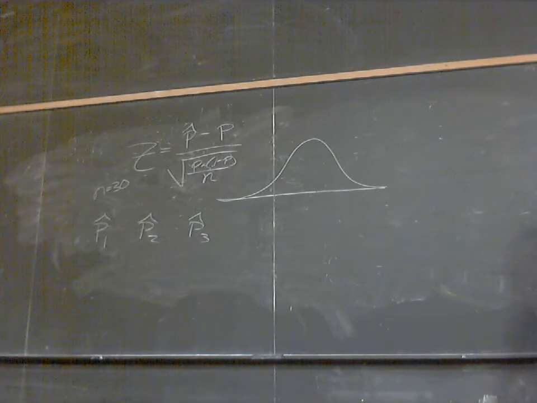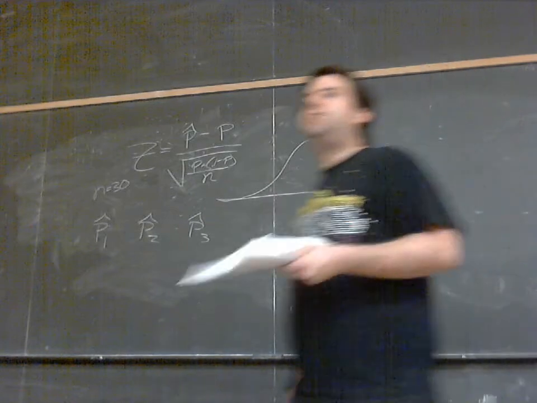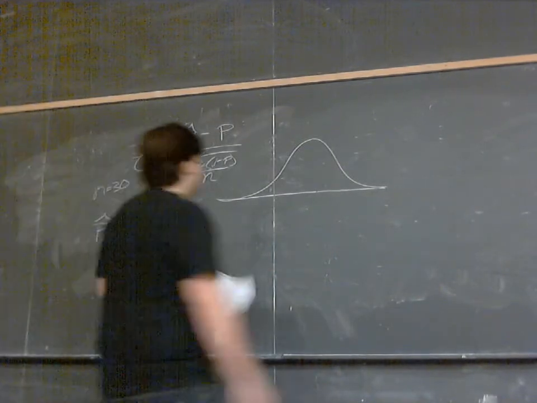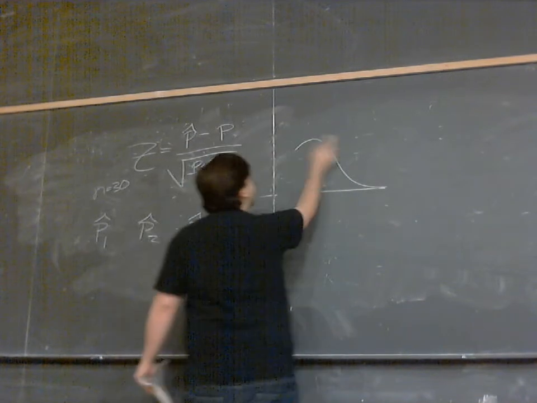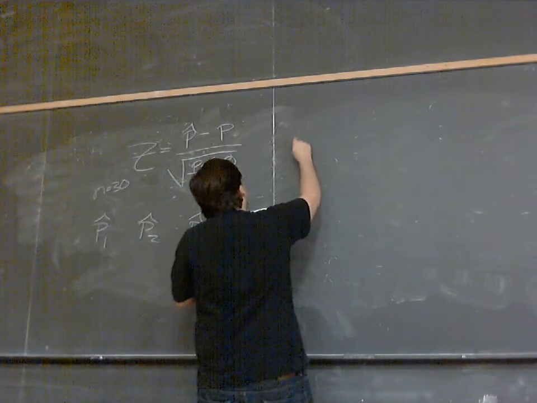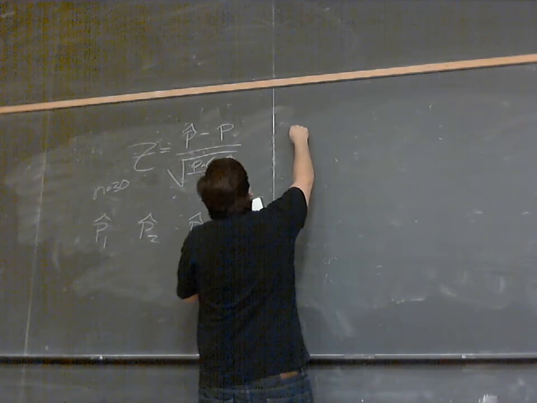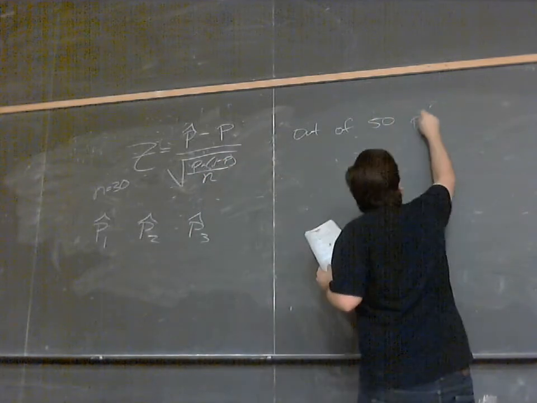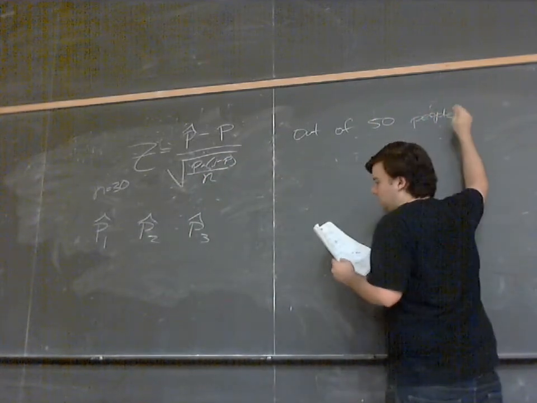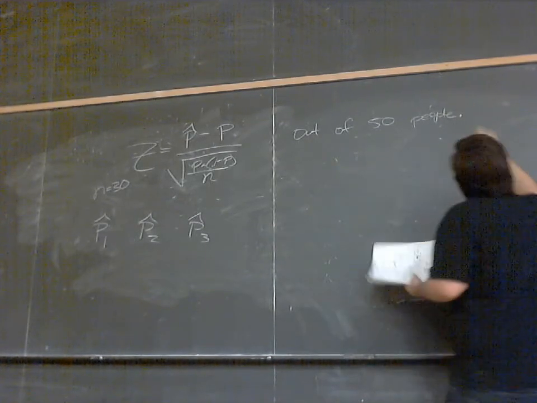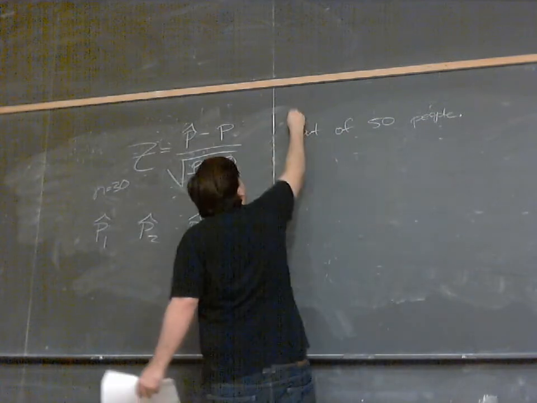Let's say I took a poll of 50 people and I asked them, do you prefer to read your news on the internet or in a printed newspaper? And let's say that 60% said internet. Let me write the question. You need to be told, sorry, I should have started here.